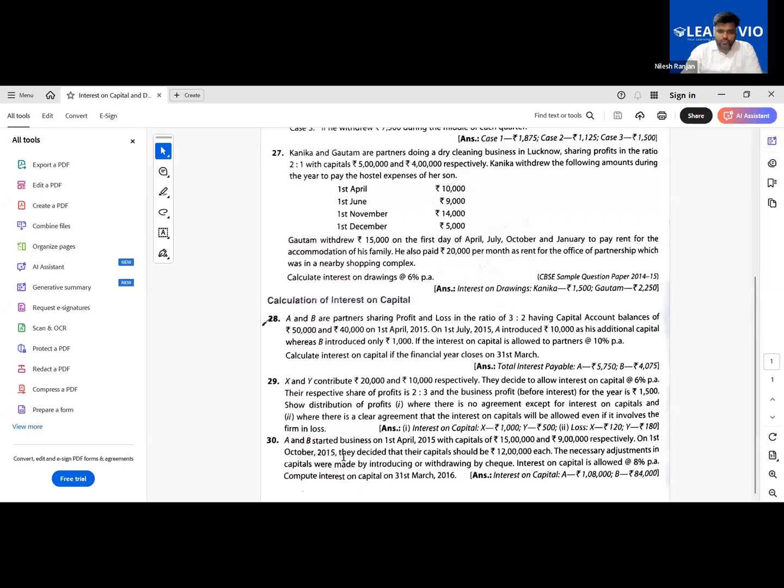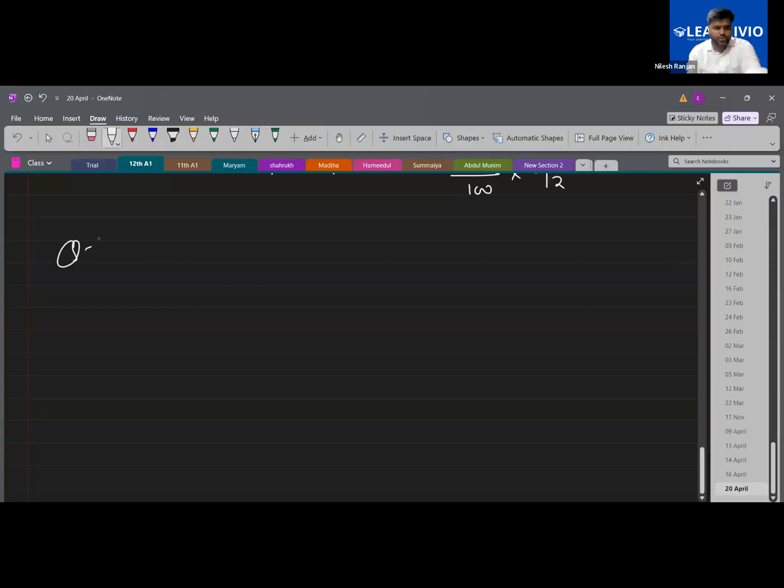On 1st October 2015, they decided that their capital should be 12 lakh each. The necessary adjustment in capital were made by introducing or withdrawing by check. Interest on capital is allowed at the rate 8% per annum. Compute interest on capital 31st March 2016. Now, this is a very simple question actually. The solution. Just 1 minute.